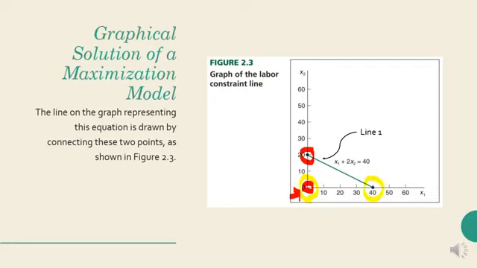Okay? Kaya nandun yung dalawang point na yan. So, I hope nakuha nyo yan kung bakit nagkaroon tayo ng line dyan. So, the line on the graph representing this equation is drawn by connecting these 2 points as shown in figure 2.3. Okay, so meron na tayong line 1.